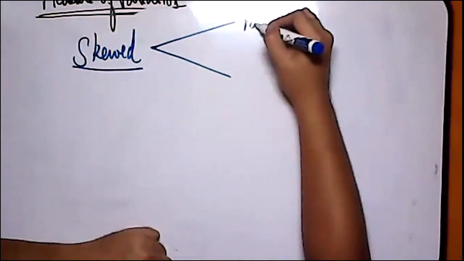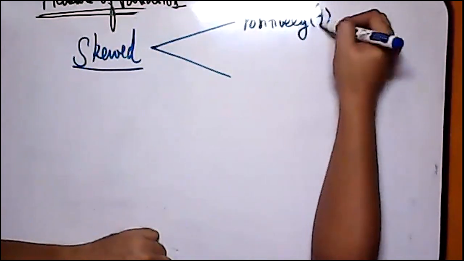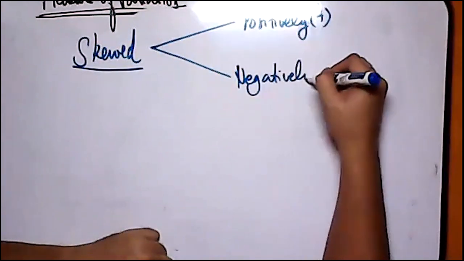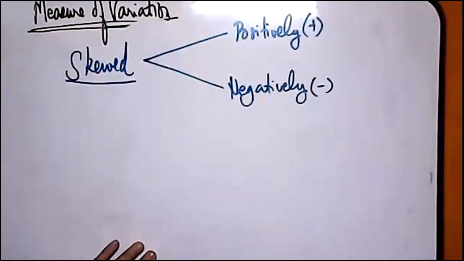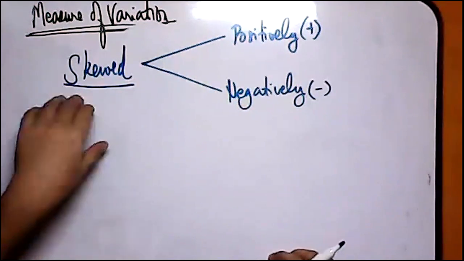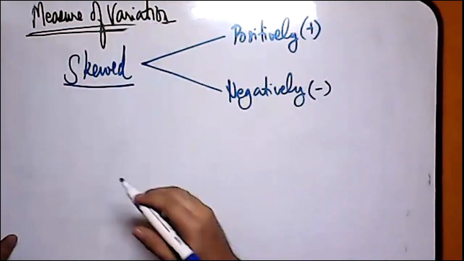We have positively skewed distribution and negatively skewed distribution. So how do these two differ from each other?